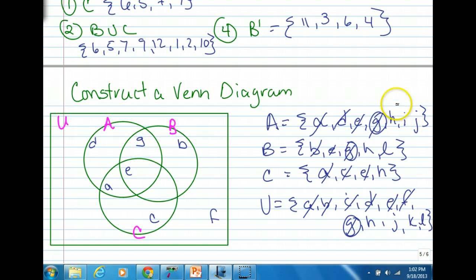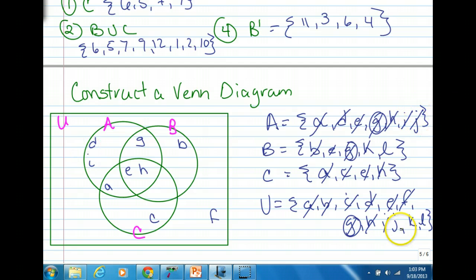How about H? We have H in A, we have it in B, we have it in C, we have it in U. So that's going to go in the middle because it's in all of them. I is in A, and that's just where it is, so I'm going to put an I here.